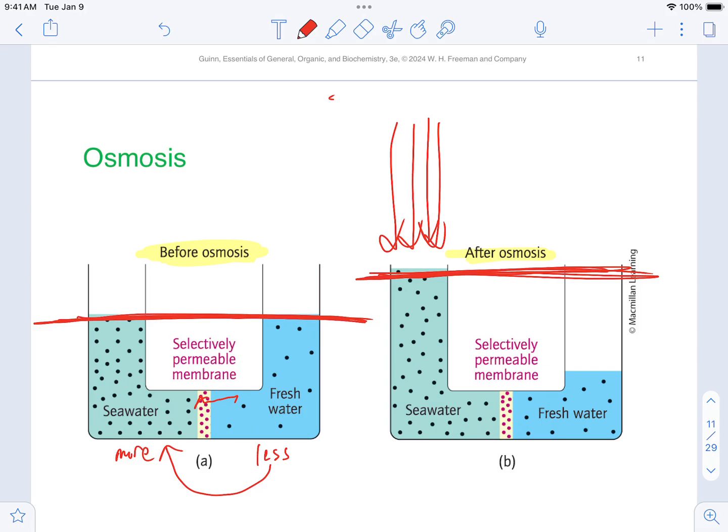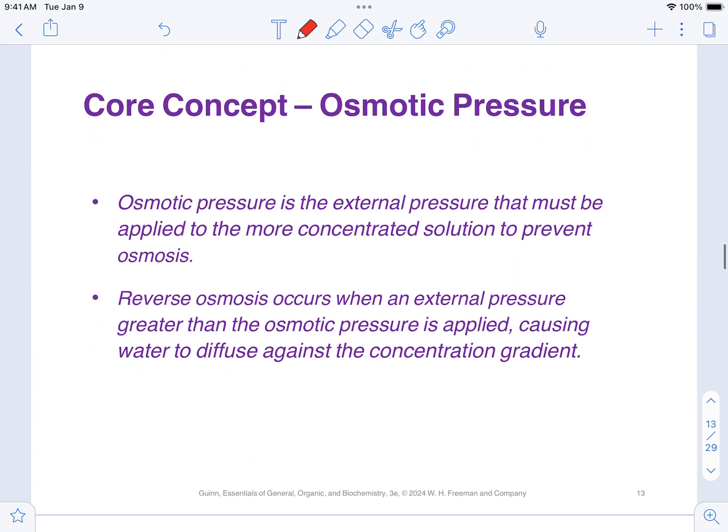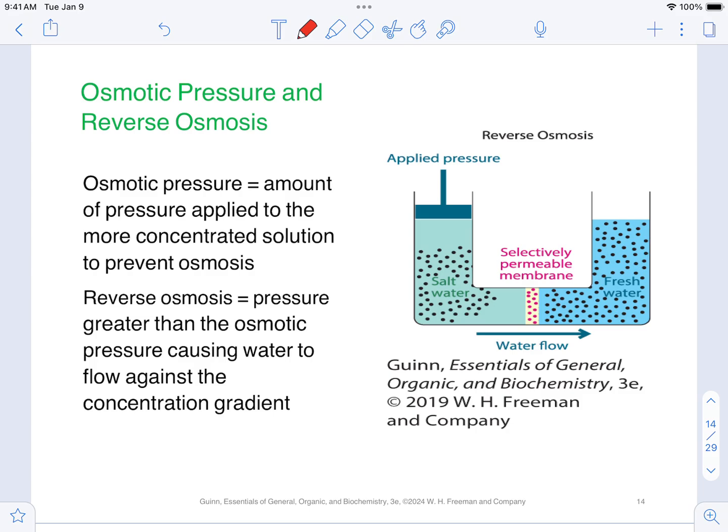And if the external pressure is greater than the osmotic pressure, that would cause what's called reverse osmosis. So reverse osmosis is when the external pressure is greater than the osmotic pressure. And you can see what happened here where this pressure was applied. The water flowed in this direction.